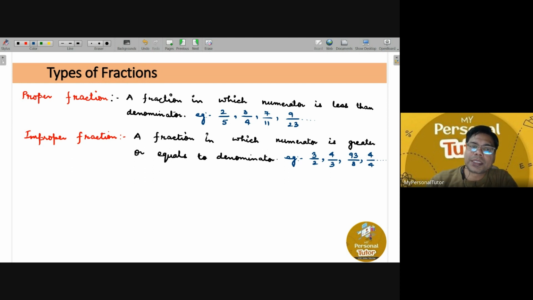So I hope you understand the meaning of proper fractions as well as improper. All right. The another kind of fraction which everybody should know is called a mixed fraction. Okay. What is it? Mixed fraction. This is also very simple.